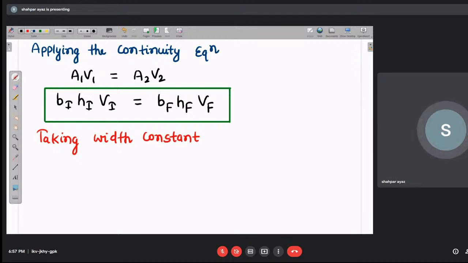Keeping the width constant means B initial and B final cancel out, so VI HI is equal to VF HF. Everyone see, VI HI is equal to VF HF. That is very, very important.